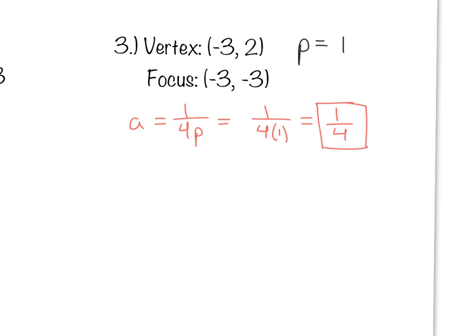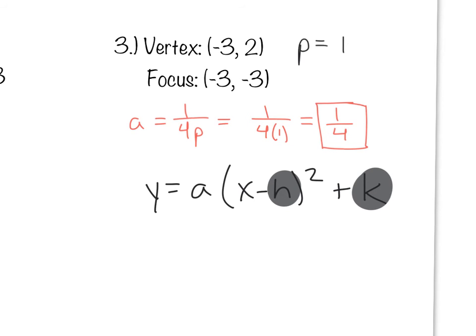Remember that vertex form for a parabola is y equals a times parentheses x minus h squared plus k, where you just need the h and the k, that's your vertex, and a, which we just found. So all I'm going to do is plug everything in.